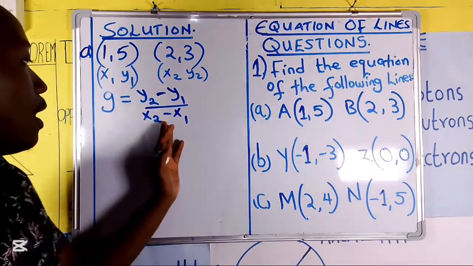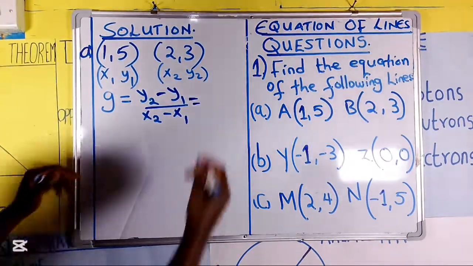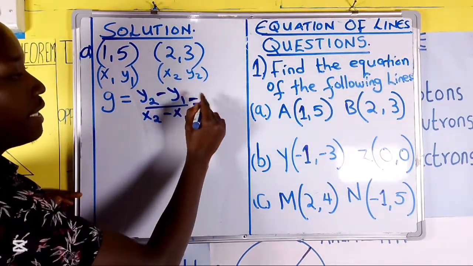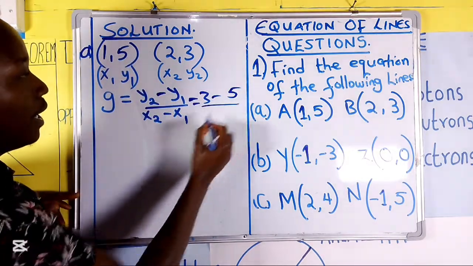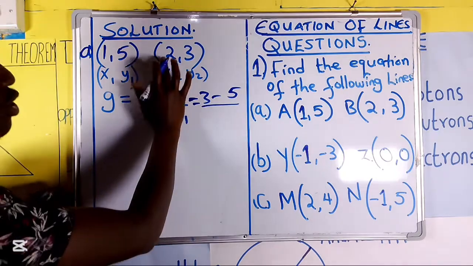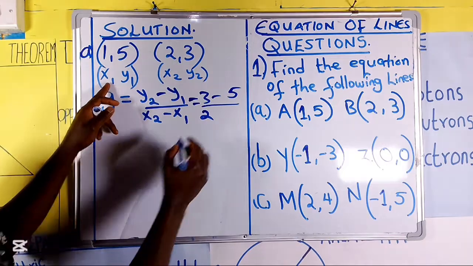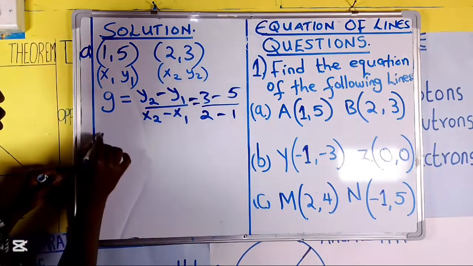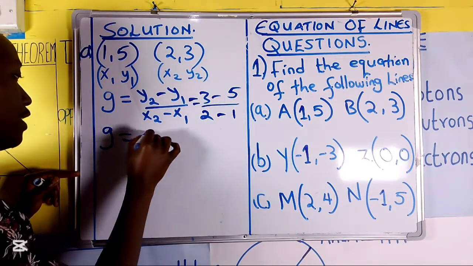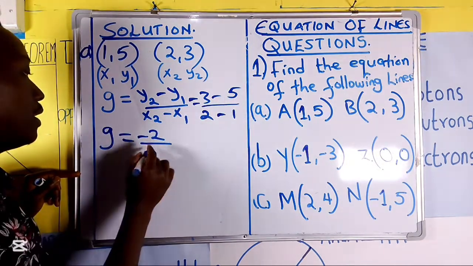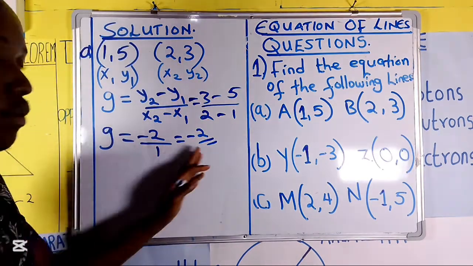That amounts to 3 minus 5 over 2 minus 1, which is negative 2 over 1. So our gradient is equal to negative 2.